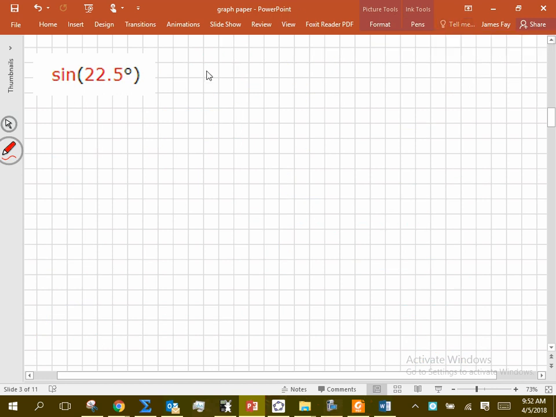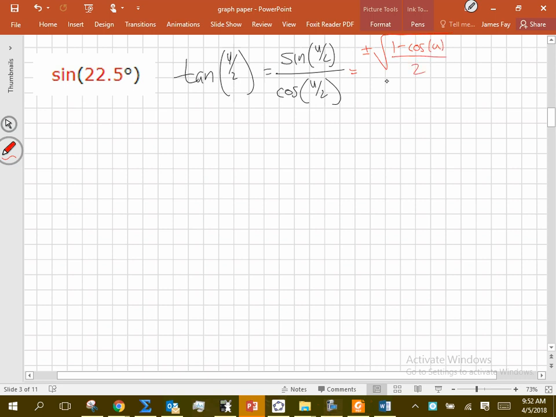Now I haven't talked about the tangent half angle with you, but we know that tangent of u over 2 is equal to sine of u over 2 divided by cosine of u over 2, right? And we know that sine of u over 2 is plus or minus the square root of 1 minus cosine u over 2, and cosine of u over 2 is plus or minus the square root of 1 plus cosine u over 2, right?